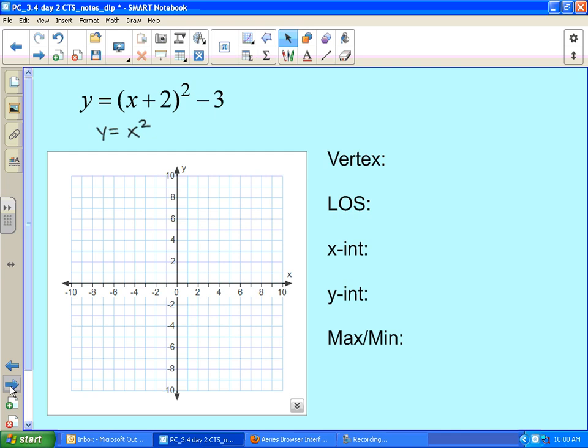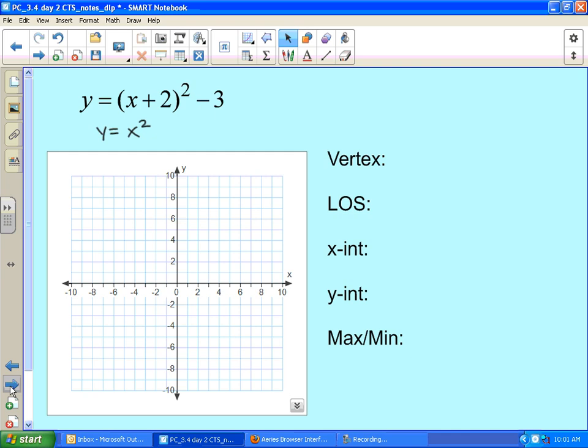Things that are stuck with the x on the inside of the parentheses of a function are talking about horizontal translation. Translation is the same fancy word for a movement. Translation, left, right. So anything with the x is a movement, right or left. And then the constant that's out there is a movement up or down. That also is a translation.